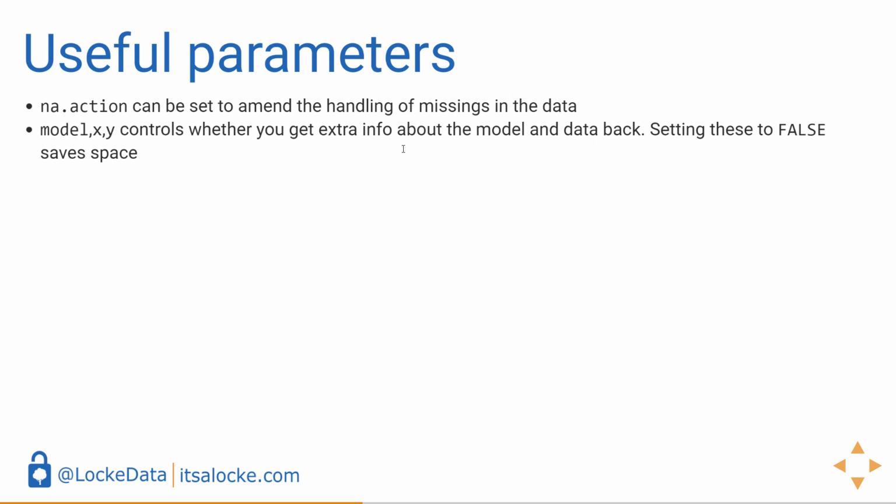Some useful parameters. In addition to the basics that we added, when you're specifying a model, you need to think about how you handle missings. By using the na.action, you can get it to just omit any rows which have missings. This means that you don't have to necessarily do any handling of them beforehand.